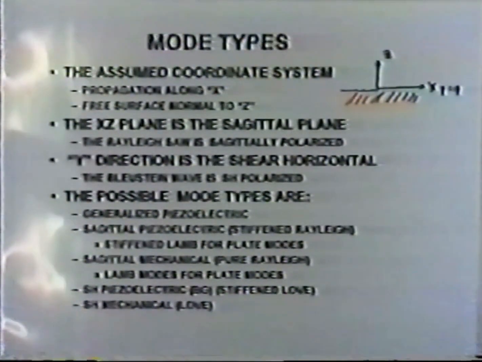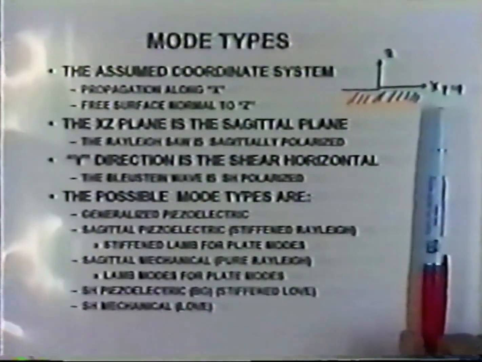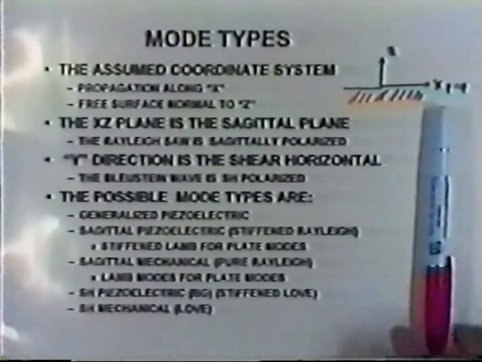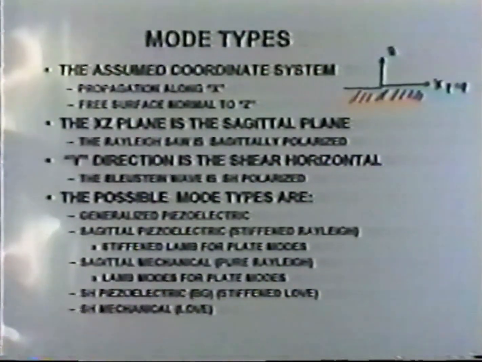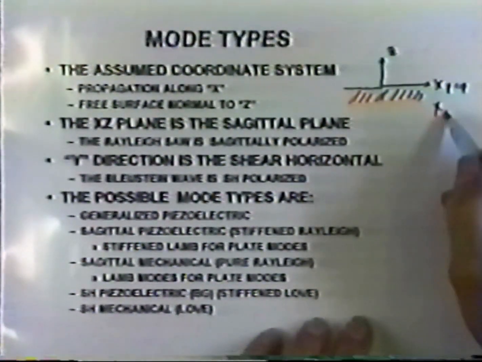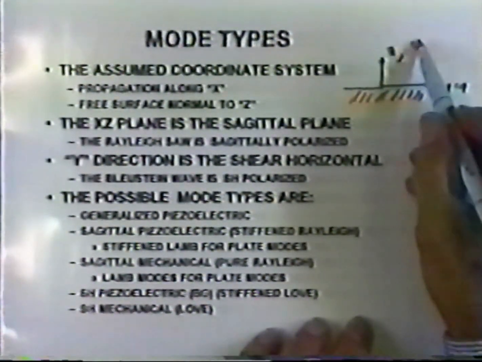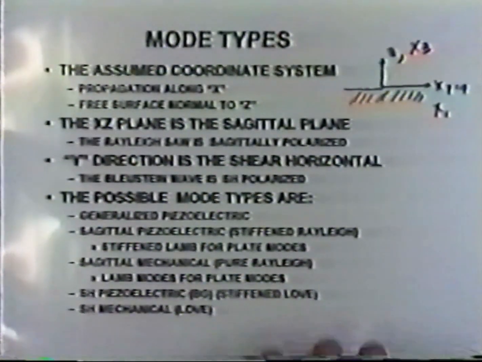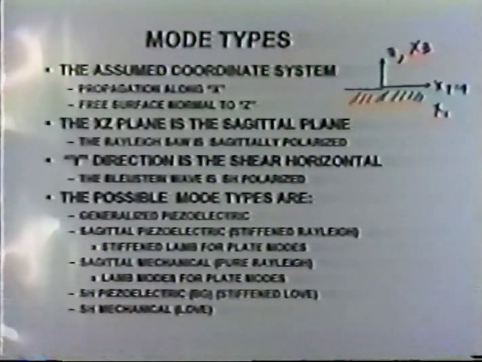We assume that any surfaces, whether they're free surfaces or interfaces, are perpendicular to the x3 or z axis and parallel to the x1 axis. I sometimes use x1 and I sometimes use x3 here, so these are equivalent statements.